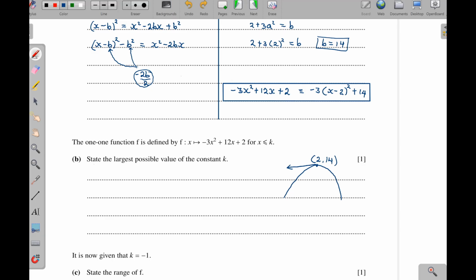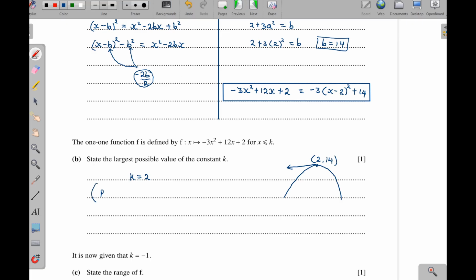So if you consider x being maybe when it belongs to all values, so you are considering the right side and then the left side of the turning point. So for that case, it is not going to be a one-to-one. So that value of k, okay, is going to be that x value of the turning point, which is a 2. So here k will be equal to 2.